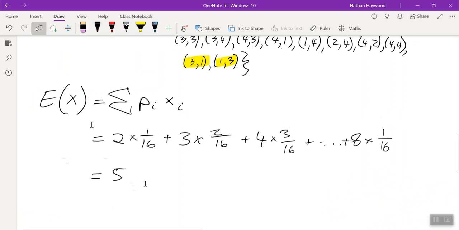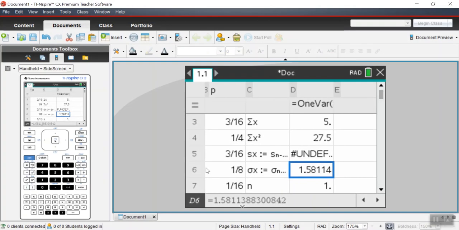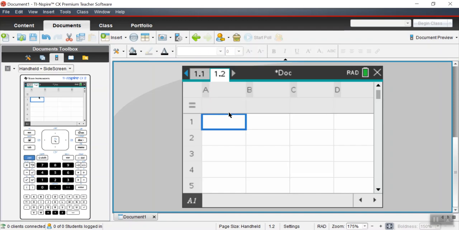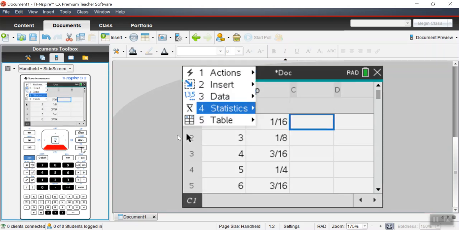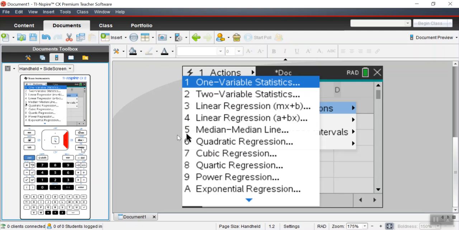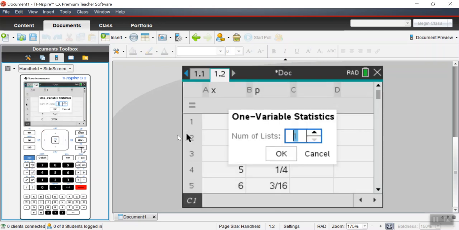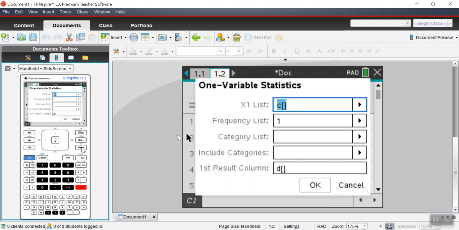On your calculator, I will show you how to do this. So you guys got lists open. In lists, you need to type in all the x values and all the probabilities. Menu, statistics, stat calcs, one variable. You press OK for one list. It wants our x values.